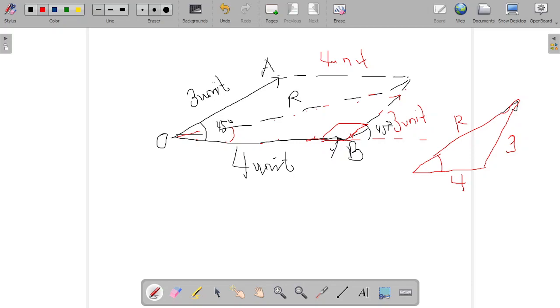If the sum of the angles is 180, then to get this we say 180 minus 45, which should give us 135. So the value of the angle here is 135 degrees. That's how we work them out. When you are given questions like this, they will actually put 135 degrees here.